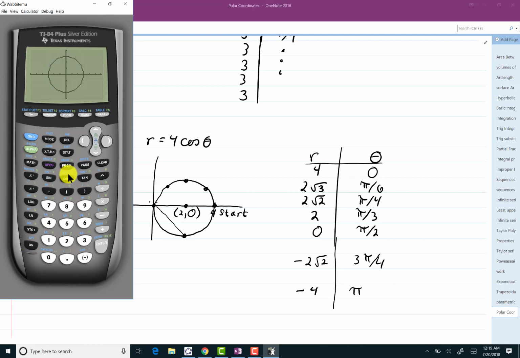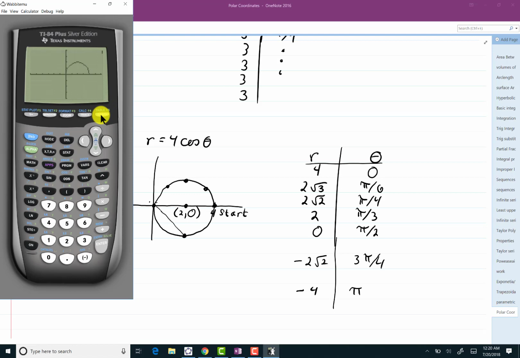I say it so often, but I'll do it again. Calculator in radian mode, or you'll be sorry. Change the first thing to 4 cosine. Now watch the variable. When you press that, it becomes a theta now. And if I'm right, I think I've already got the window set at negative 4 to 4.